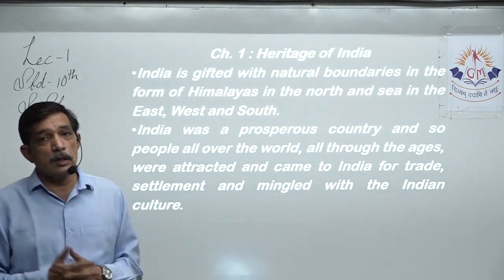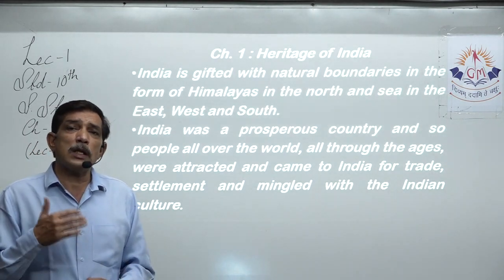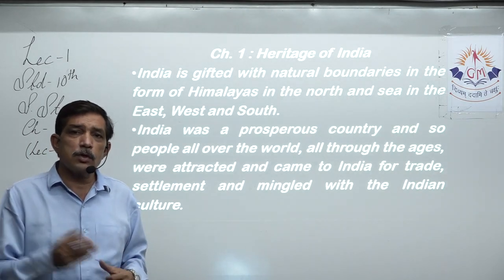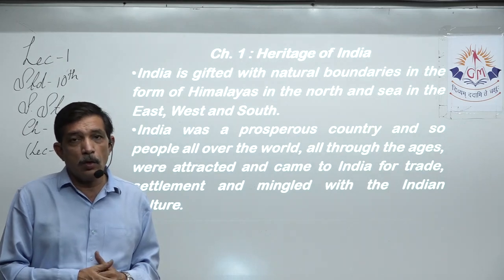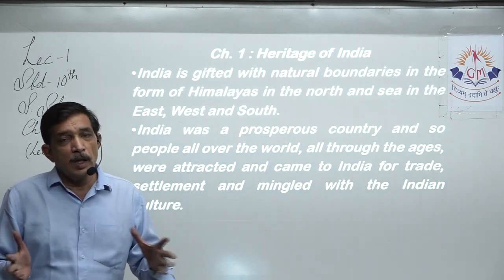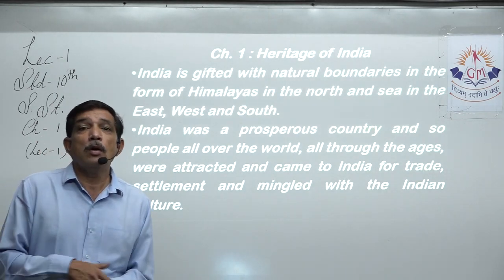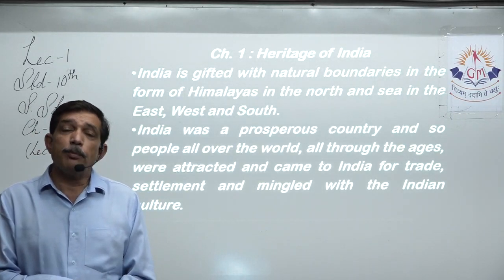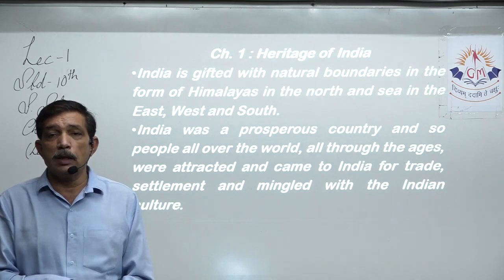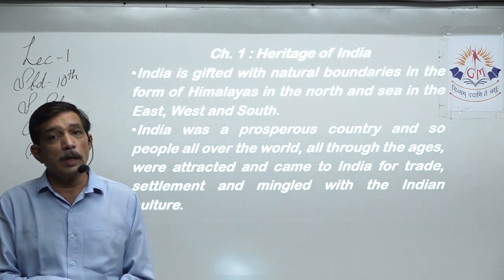If we come to the northern side, it is not that cold the whole of the year. Of course, during the months of winter, the north remains quite cold for 2-3 months. Otherwise, the rest of the year, we have quite a lot of heat received from the sun. The perennial rivers coming out of the Himalayas, perennial meaning having water throughout the year.